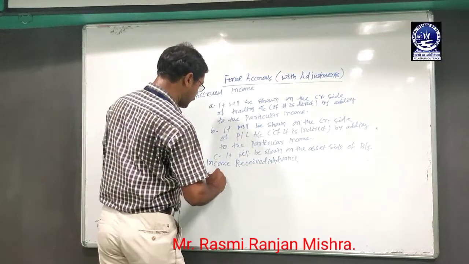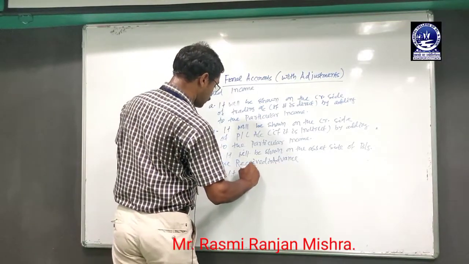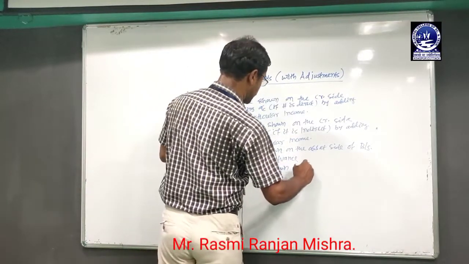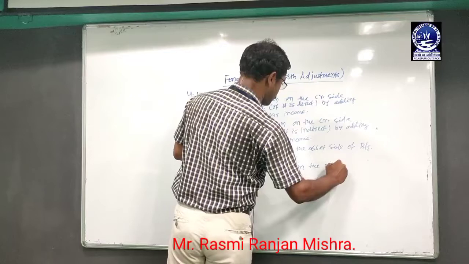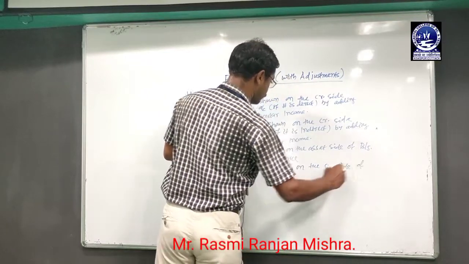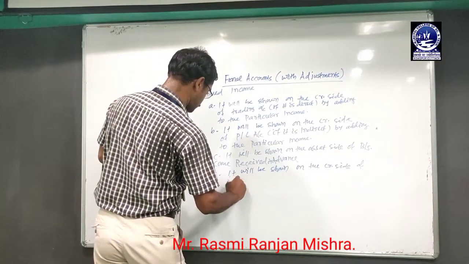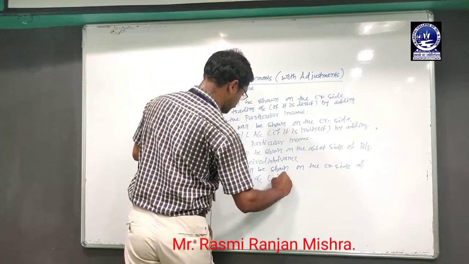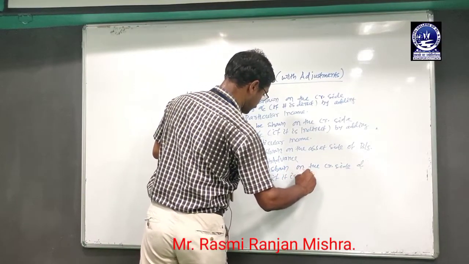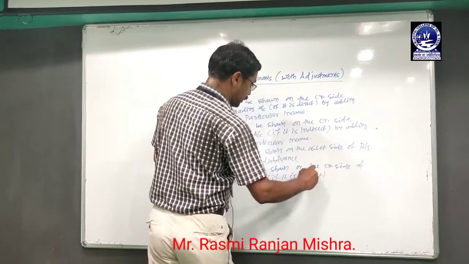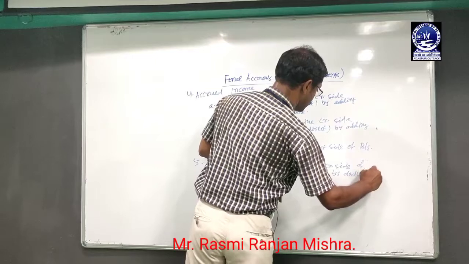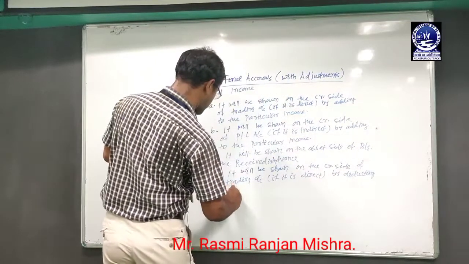So the first treatment: it will be shown on the credit side of the trading account if it is direct, by deducting from the particular income.